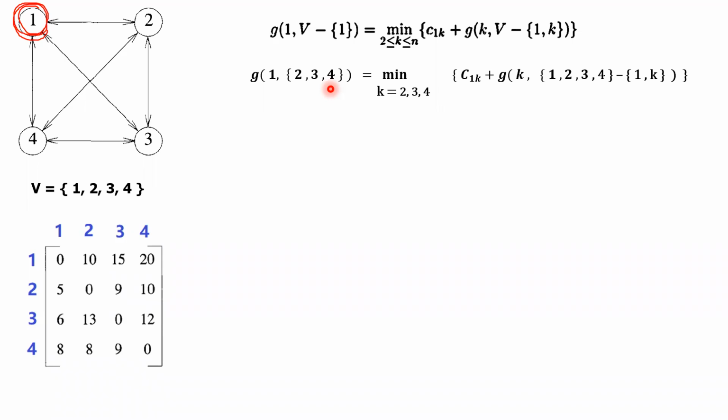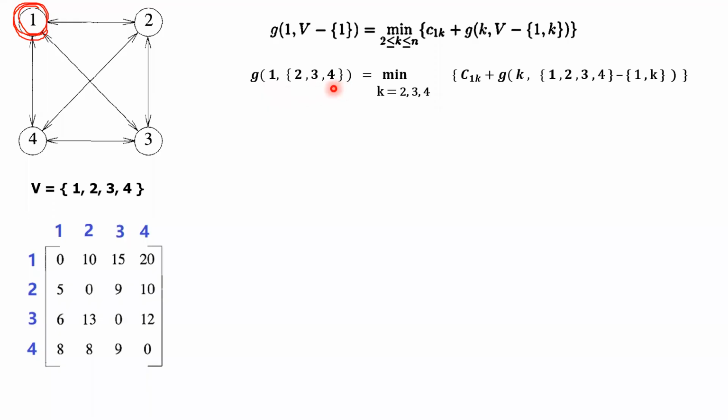Hence, each city will be flagged with either visited state or unvisited state. If the city is already visited, we'll not visit it again. So here the starting city is 1. So that means city number 1 becomes visited. Then the remaining cities will be 2, 3, 4.